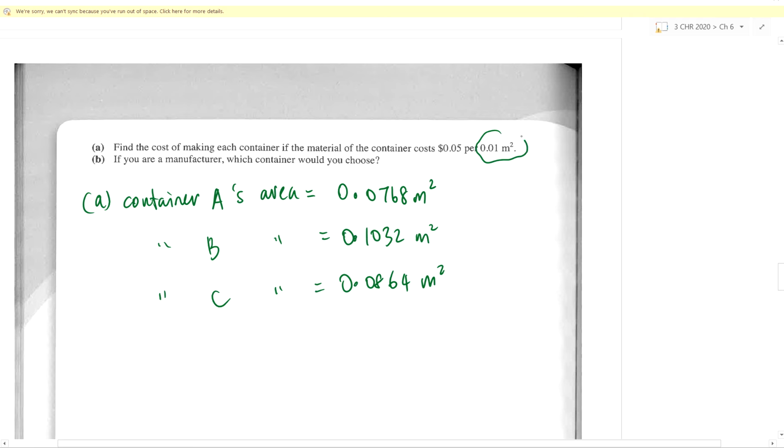For 0.01 square meter, it costs 5 cents. Now I have for container A 0.0768 square meters. It is direct proportion for cost for A. Okay, so we've got 0.01 square meter costs $0.05.